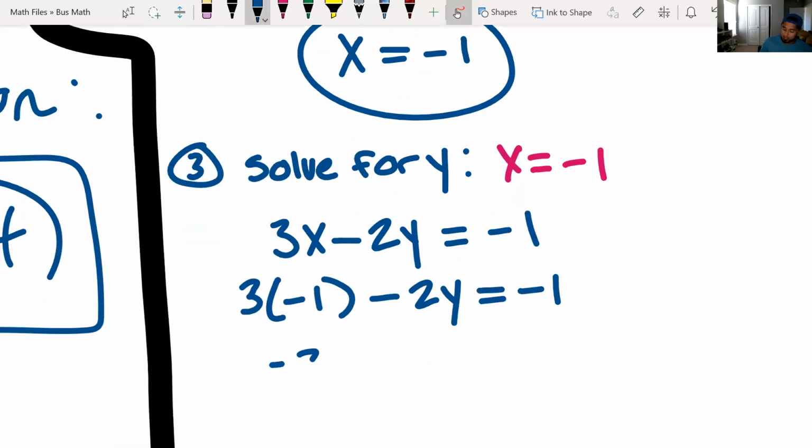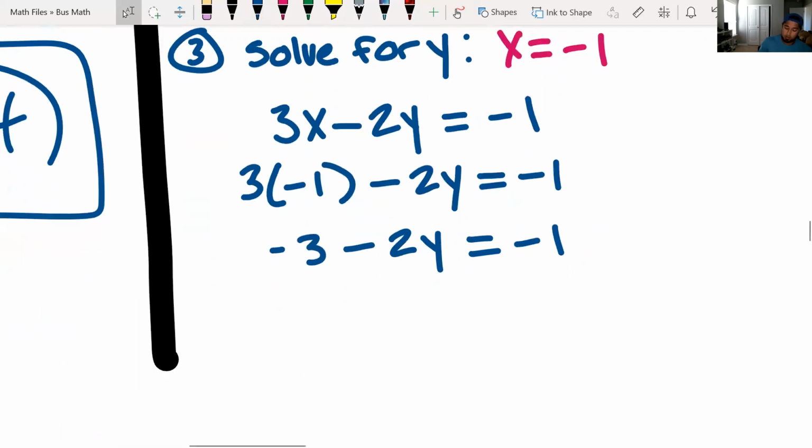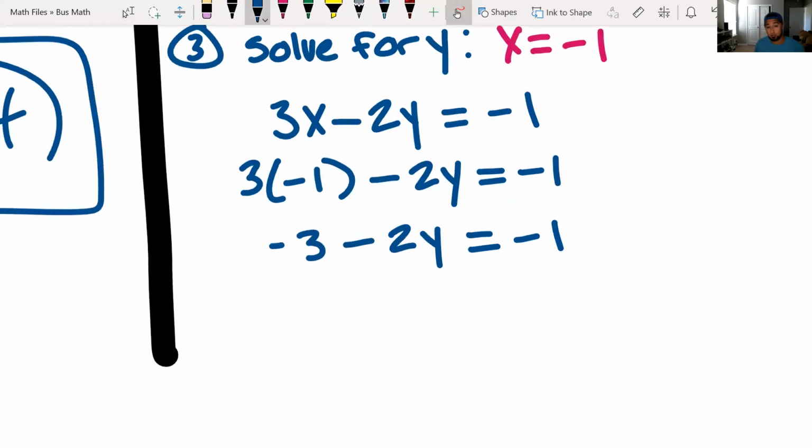You get -3 minus 2y equals -1. If I add the 3 over, I get -2y equals 2. And then I divide by -2, and y will equal -1.